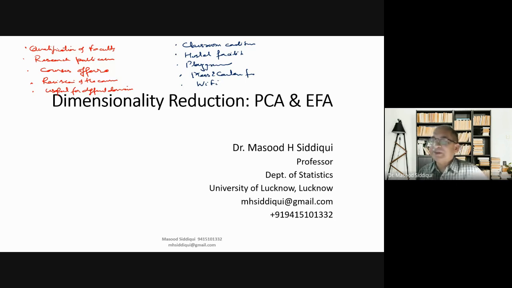So we have examined so many features. And on the basis of this, we are going to evaluate that university or institution, to decide whether we are going to that university or not.